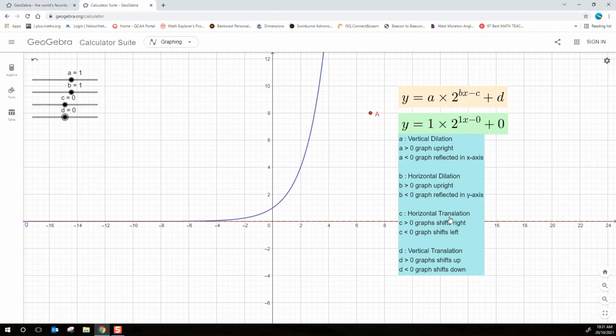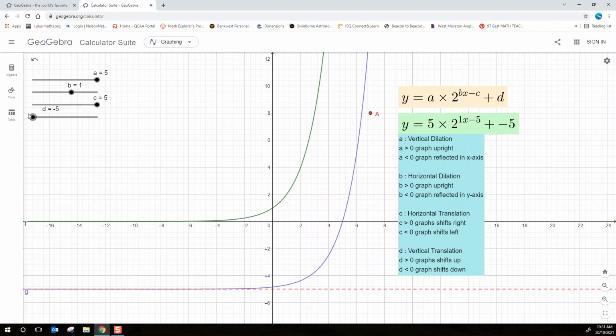The graph shape doesn't alter. And D is the vertical translation. Now, of course, I did them one at a time, but there's nothing to say we have to do them one at a time. I could apply more than one of these at the same time. So we can control the entire graph with these types of transformations.